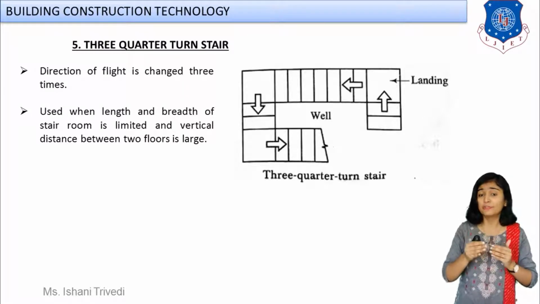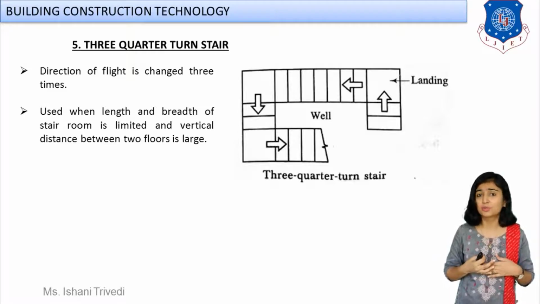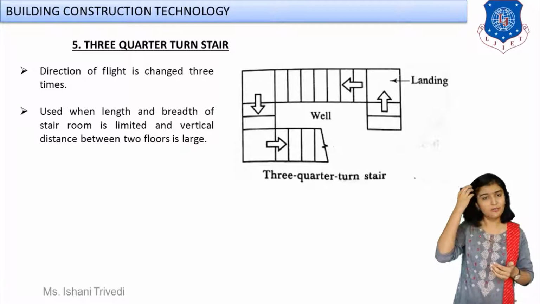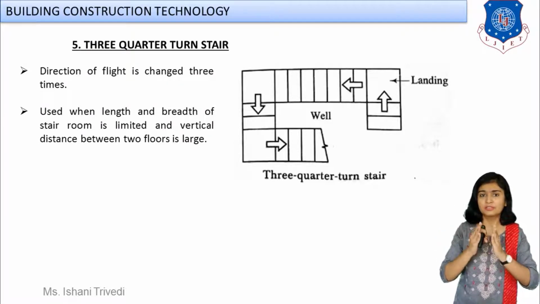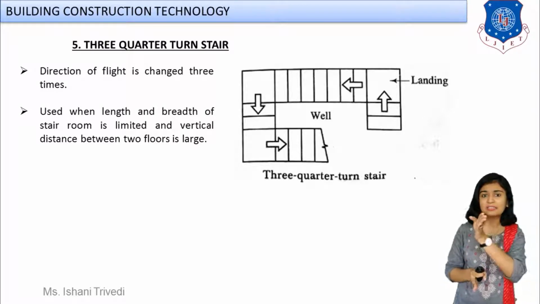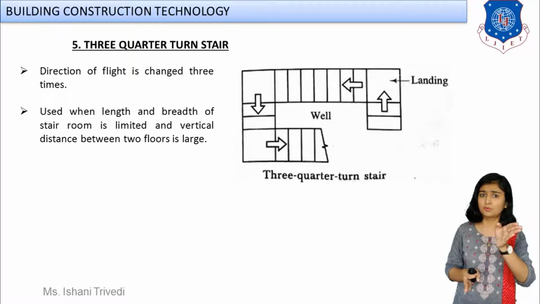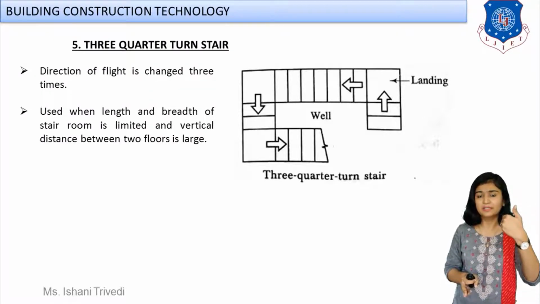And also if you provide just one single series, then it will be very difficult for the users to climb it because a landing is mandatory in between. So here what you are providing is you have 3 landings. First it is going upwards, then you had landing. It will take a quarter turn, that is 90-degree turn, that is your first quarter turn. Next one more landing, it will take 90 degrees turn, that is your second quarter turn, and the third.